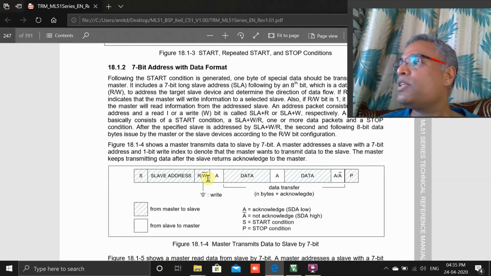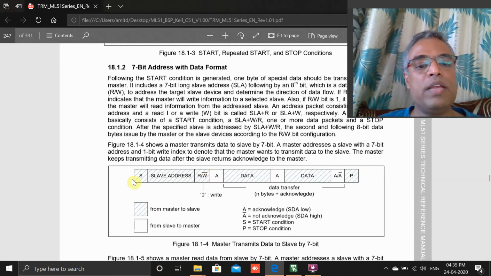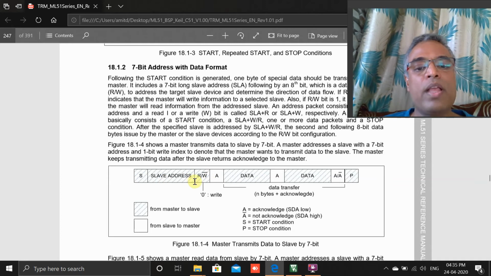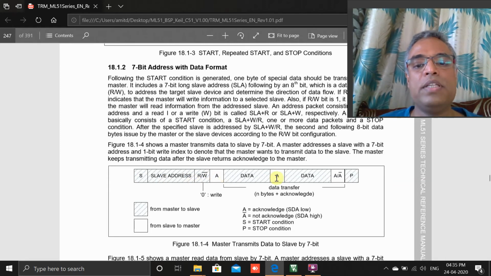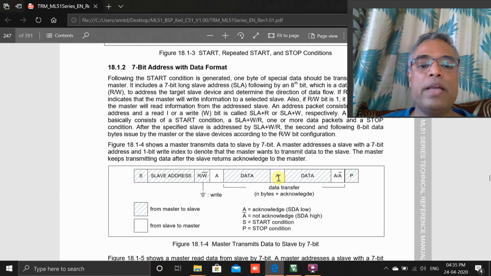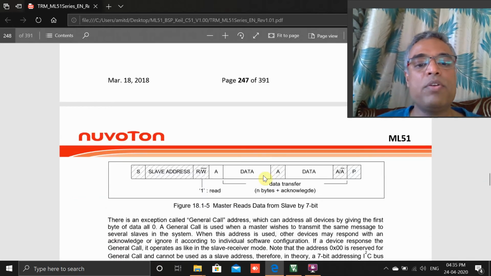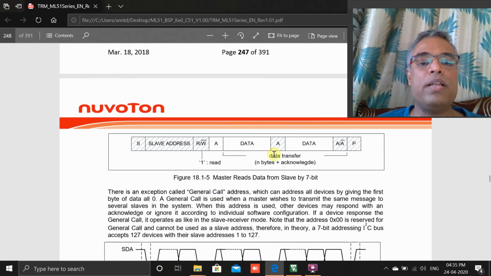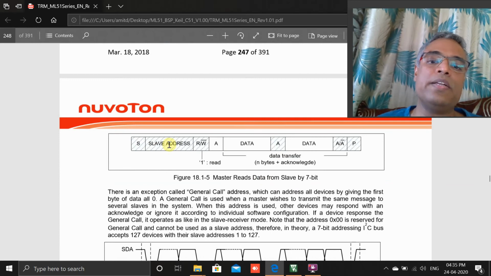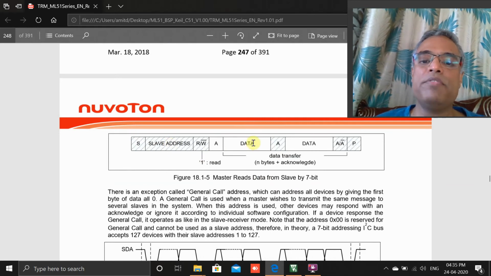When a master writes data to a slave, like in this example here, the ACK that we see here, the acknowledgement bit, that's this one, is generated by the slave. And when the master reads data from the slave, like in this example here, the master is reading the data. Here the read bit is 1, so the master is reading the data from the slave device.